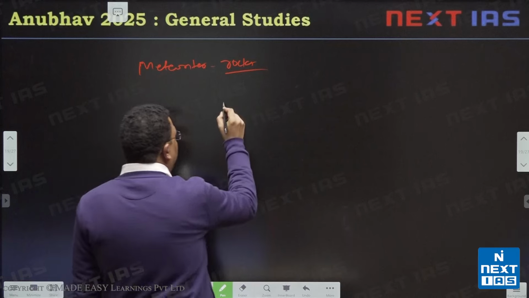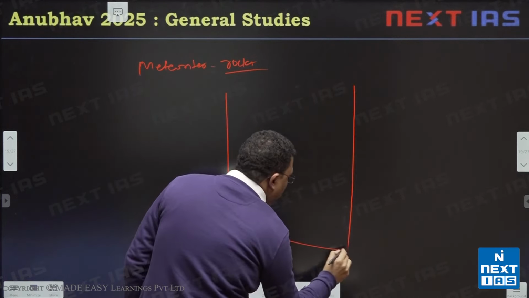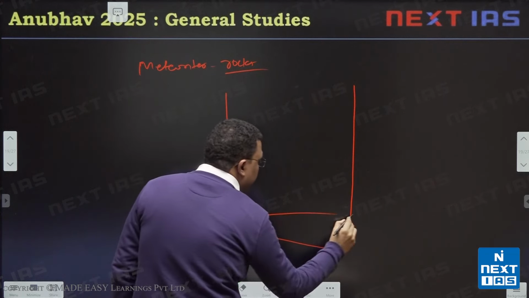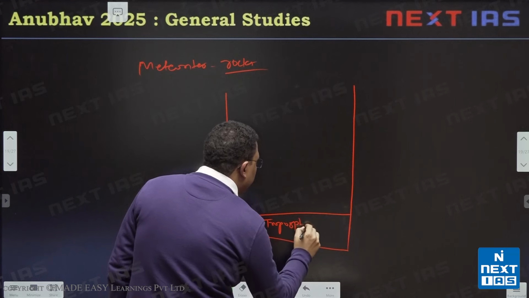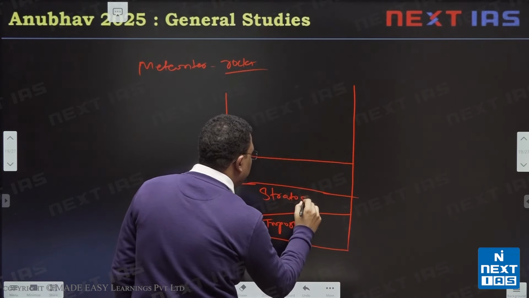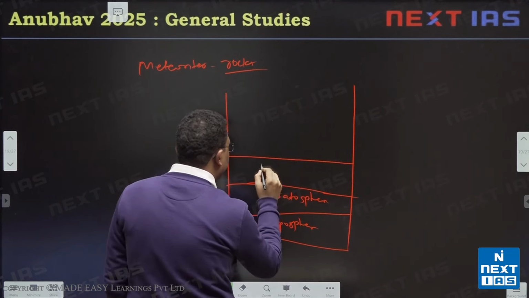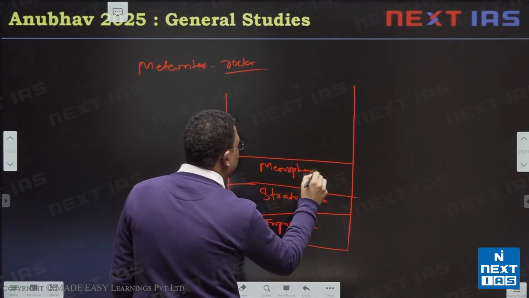Now let's understand the Earth's atmosphere in brief. So if you see, this is the troposphere, this is the stratosphere, this is the mesosphere, right?